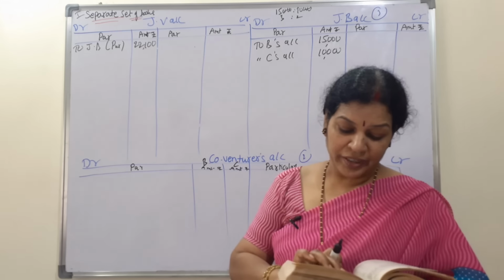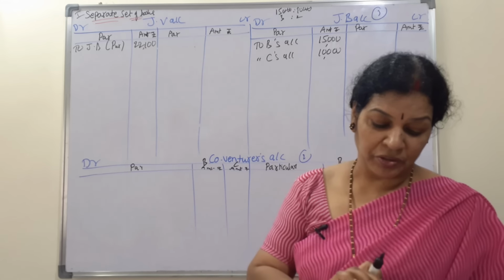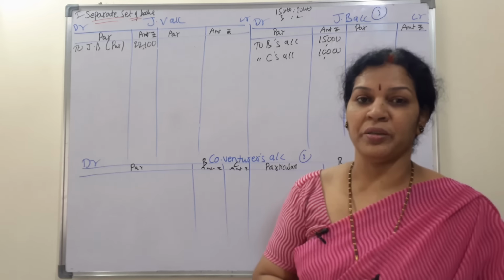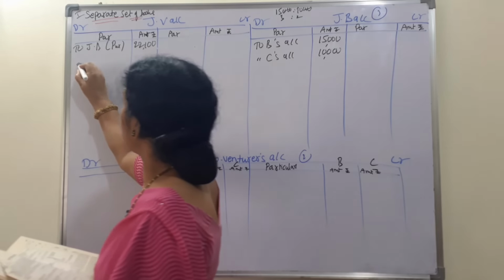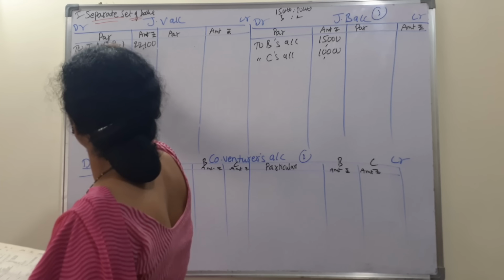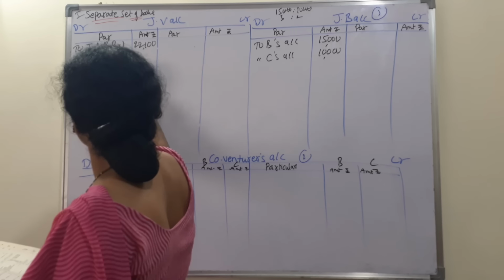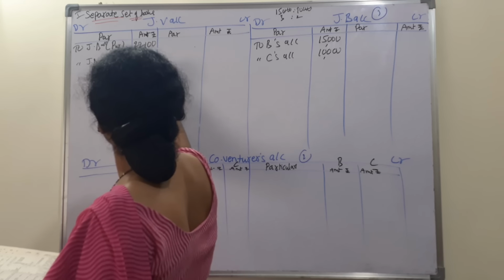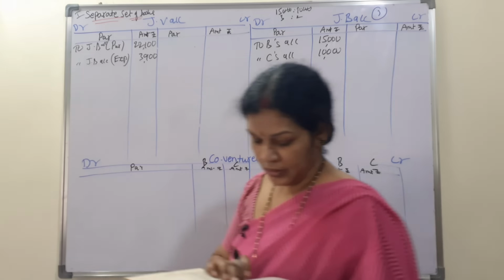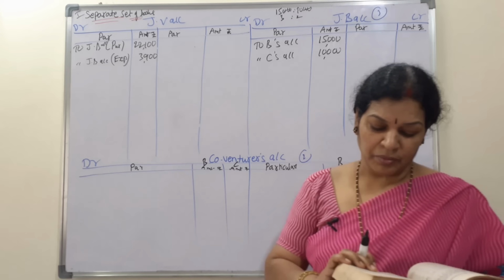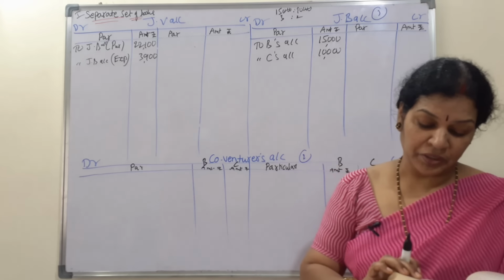And freight, insurance and other charges amounted to 3,900 paid in Kolkata. Expenses also through the joint bank only. So we will say to joint bank account. These are expenses, 3,900. Next, on 1st December 1981, the sales amounted to 28,740.